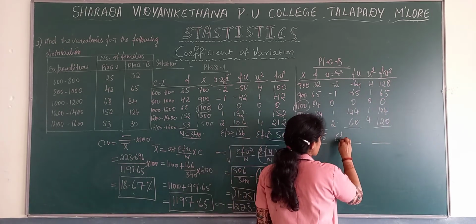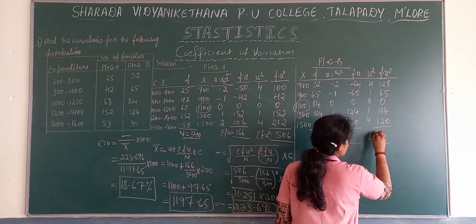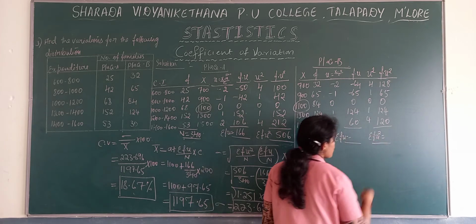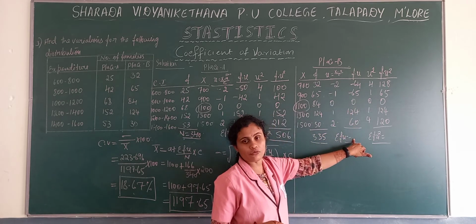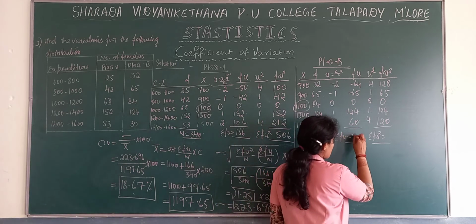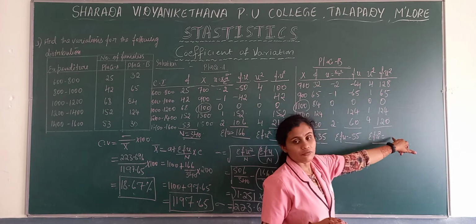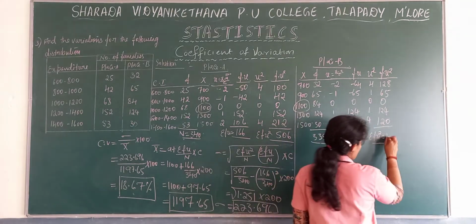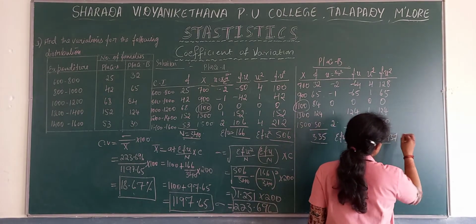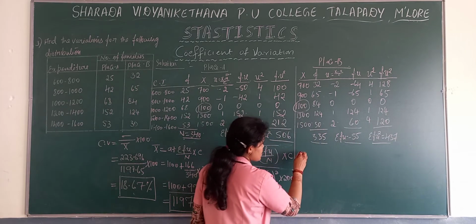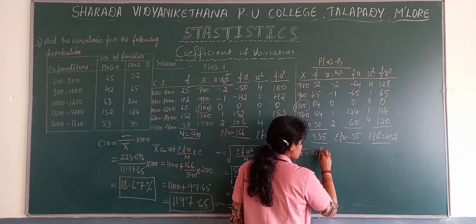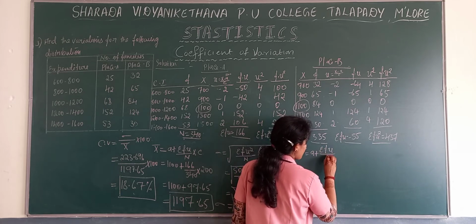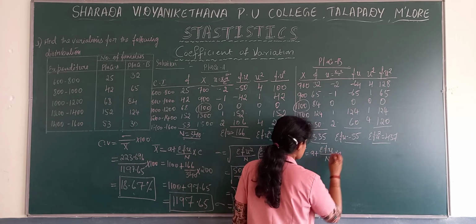So here sigma FU and here sigma FU square. When we make the total of sigma FU, here we get value as 55 and we get FU square as 437.